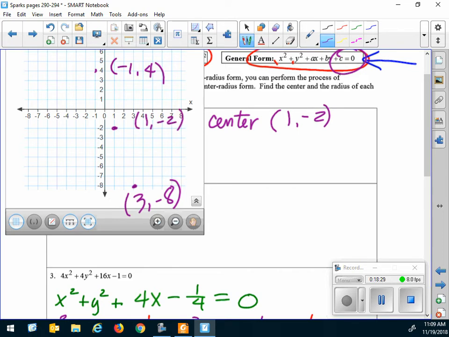What else do I need to know? The radius, which is the distance between the center and one of those other points. Okay, good. Let's find that distance.